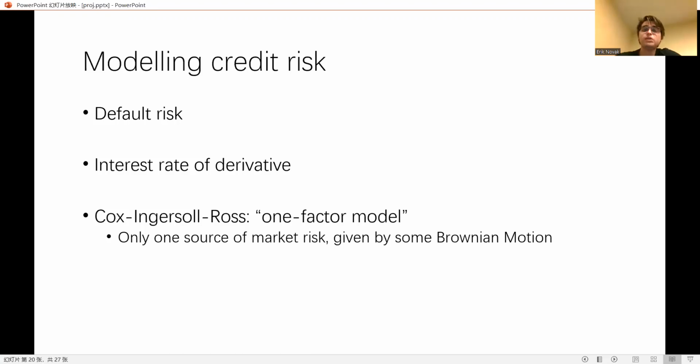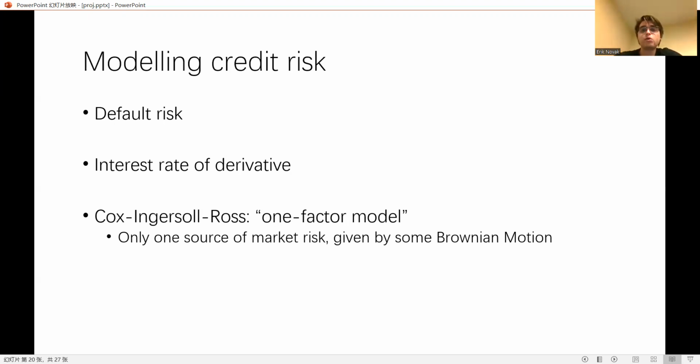Now, the Cox-Ingersoll-Ross process is related to the idea of credit risk. And the idea of credit risk is closely associated with default risk, which is the risk that some firm or some company that's being modeled will default on their payments. So they'll be unable to pay.